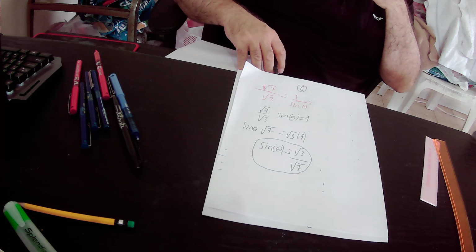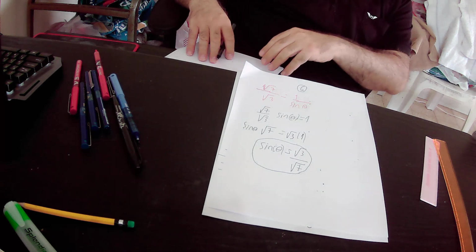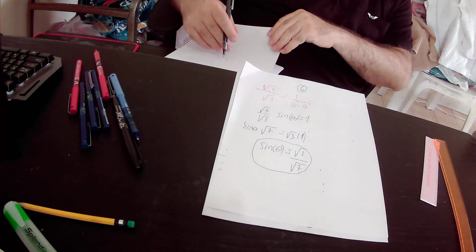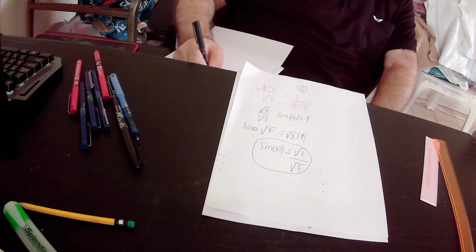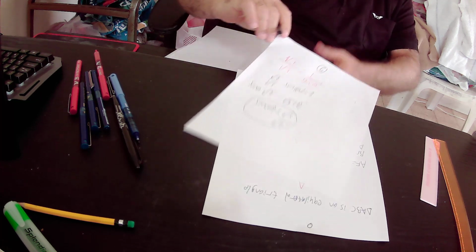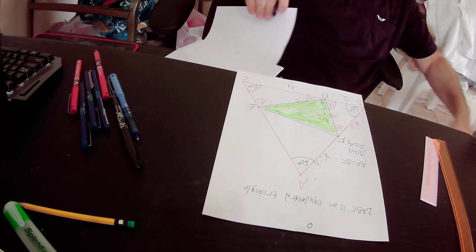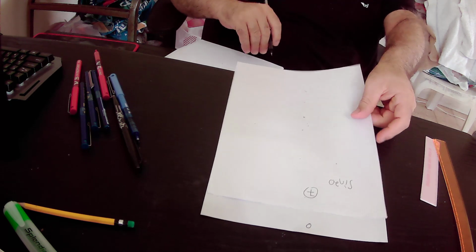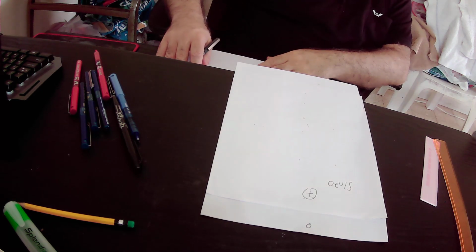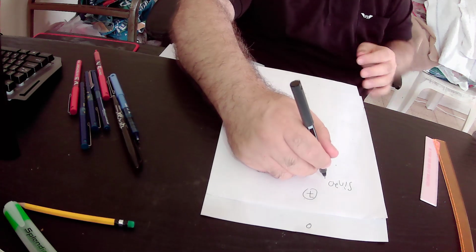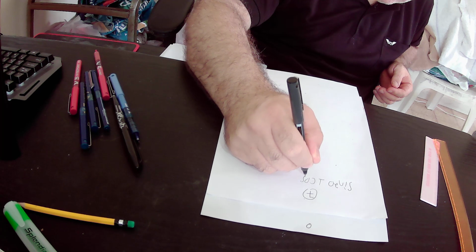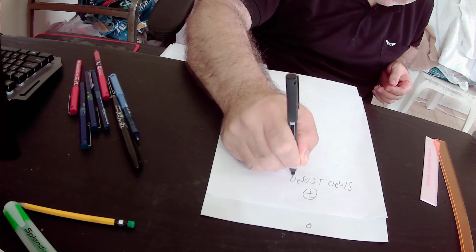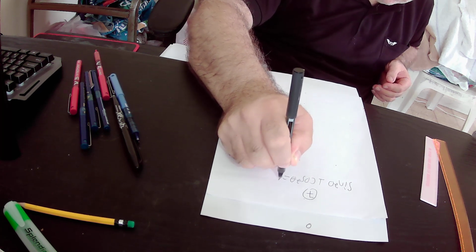The first trigonometric identity states that sinus theta squared plus cosinus theta squared equals to 1.